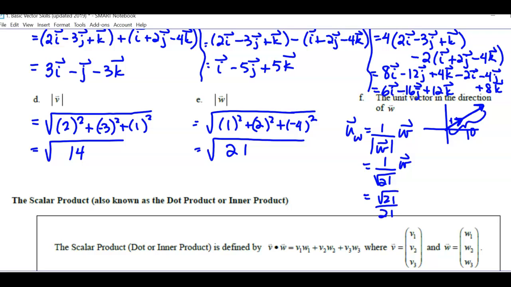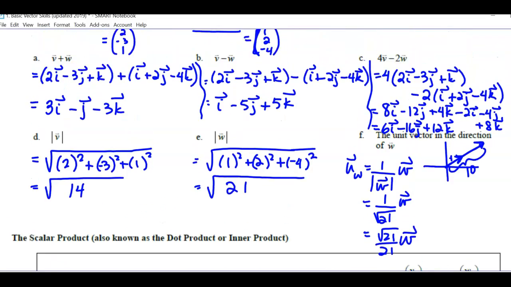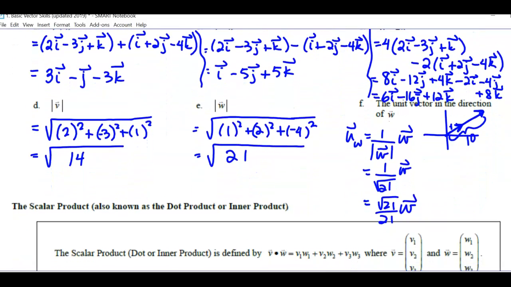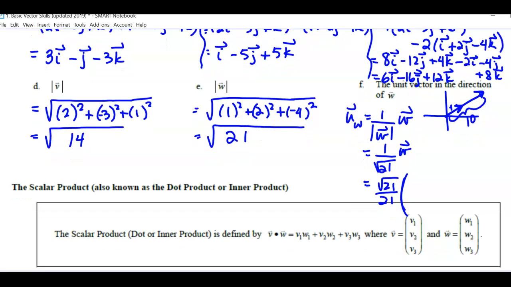Sometimes we don't actually rationalize. Okay. Now, unit vector of W. So in this case, you could actually show it's going to be that times the component form 1, 2, negative 4.